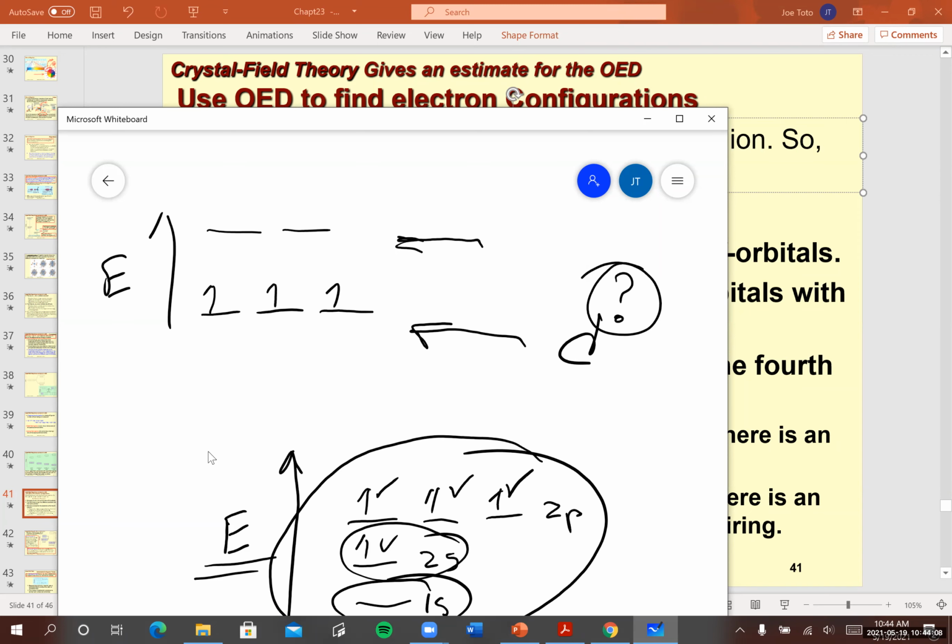But now when that d goes to 4 or more, then I have a choice. That fourth electron can go here and get paired or go up here and be promoted. So which one do you think it does? This is the gap energy delta.